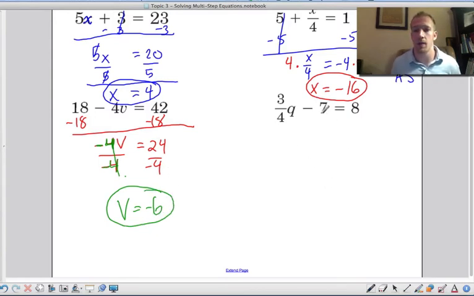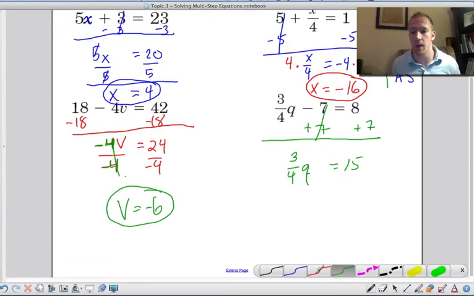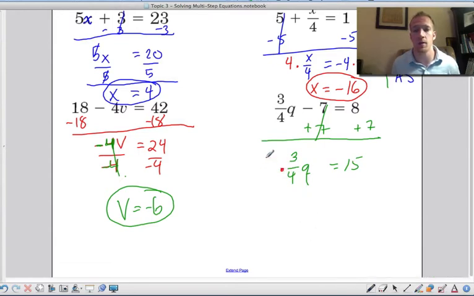So here, working our way backwards, what I'm going to do first is add the 7. So that eliminates it, and I get 3/4 q equals 15. Now, remember from our last lesson, if you've got a fraction, you're really just multiplying by the reciprocal, multiplying by it flipped over.